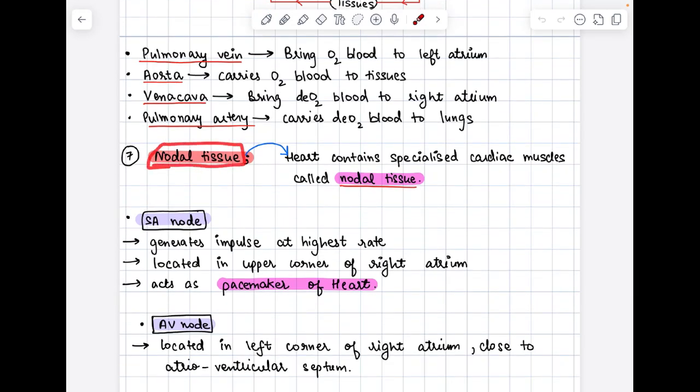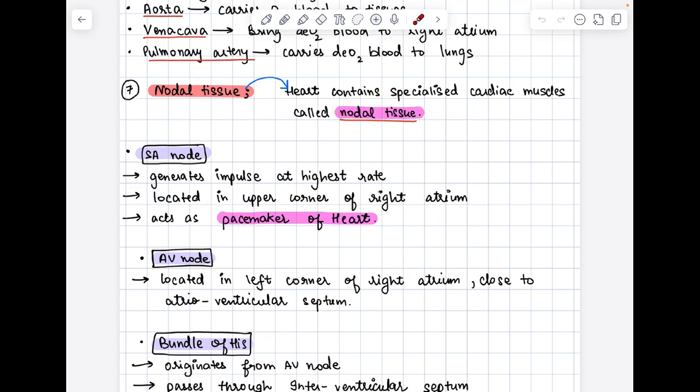Now what do you mean by this term? It means that heart contains specialized cardiac muscle that is called the nodal tissue. So under this we have the first SA node that generates impulse at the highest rate, and it is located in the upper corner of the right atrium, and it also acts as a pacemaker of the heart.